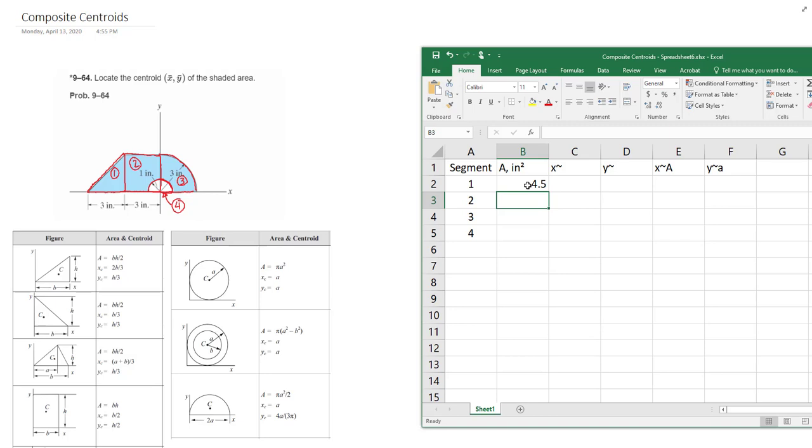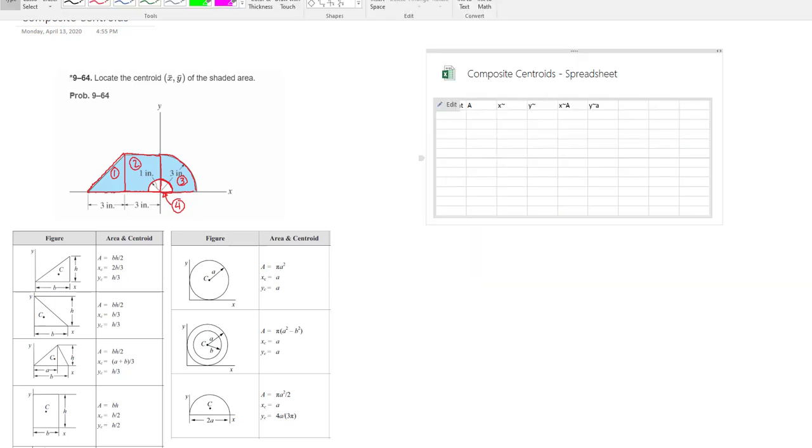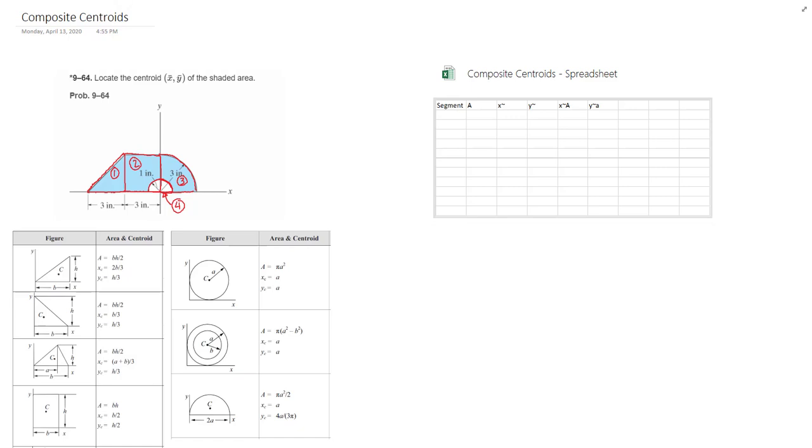Okay. Segment 1 is going to have a center, and we need to tell it where that center is going to be. So this center location for segment 1, this is x tilde of 1. That comes through okay.